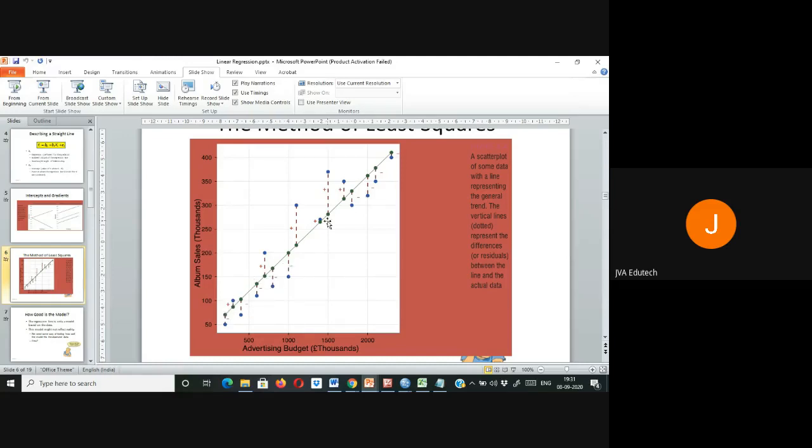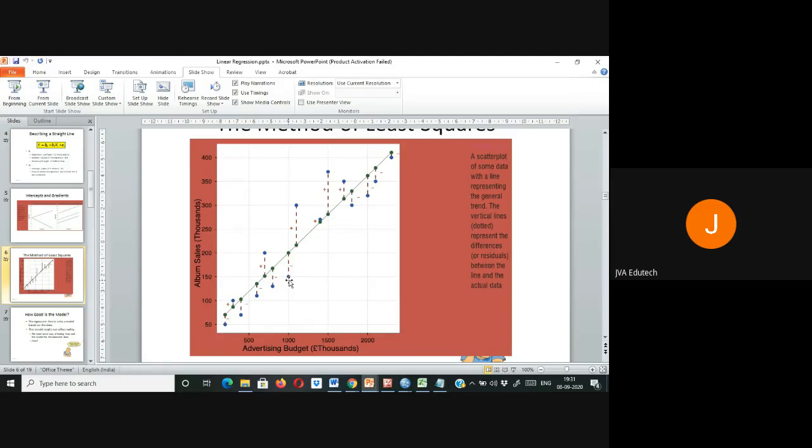You can see these are the data points, and these vertical distances are called the residuals. Every data point has one residual. They could be positive if they are above the regression line, or negative if they are below the regression line.